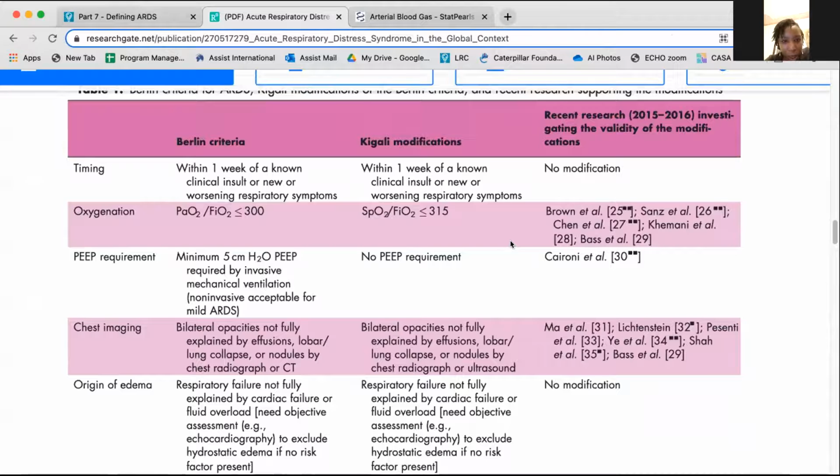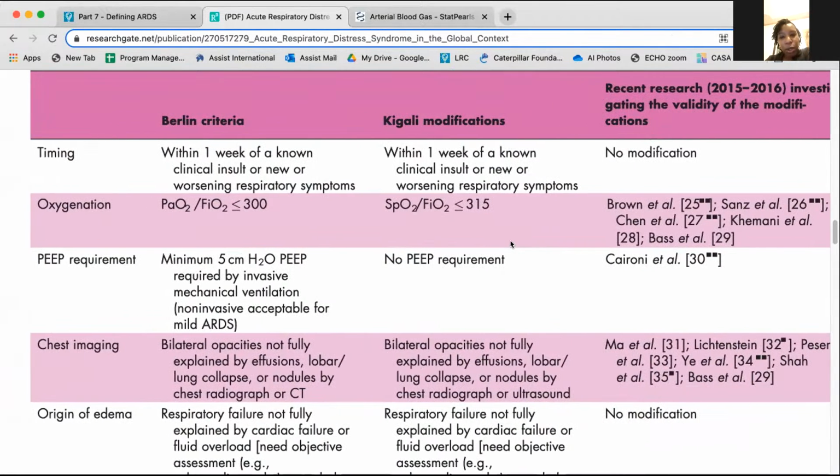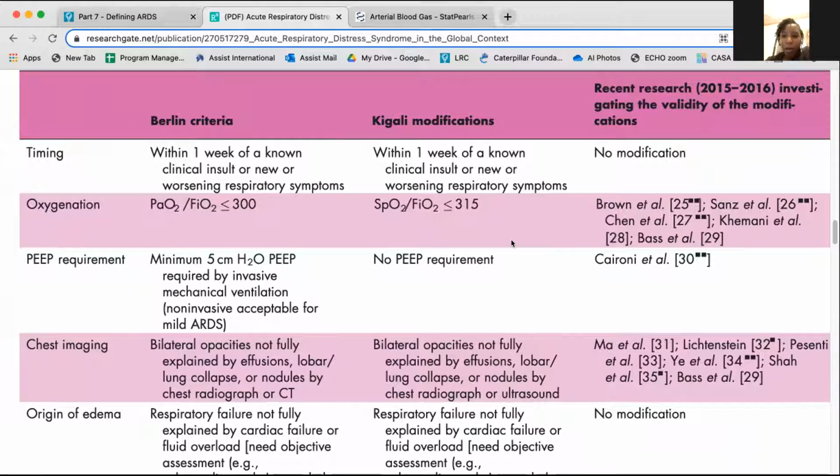From our reference, you'll notice that they said it's easy to miss patients with mild ARDS due to this, but it's actually more accurate in patients with moderate and severe disease to pick up ARDS using the SpO2 FiO2 ratio.